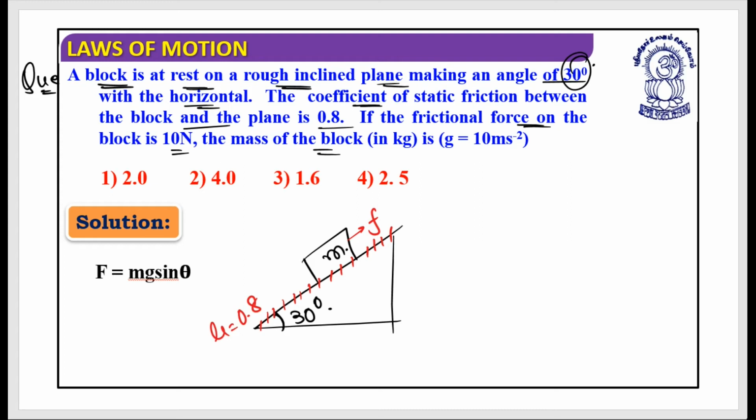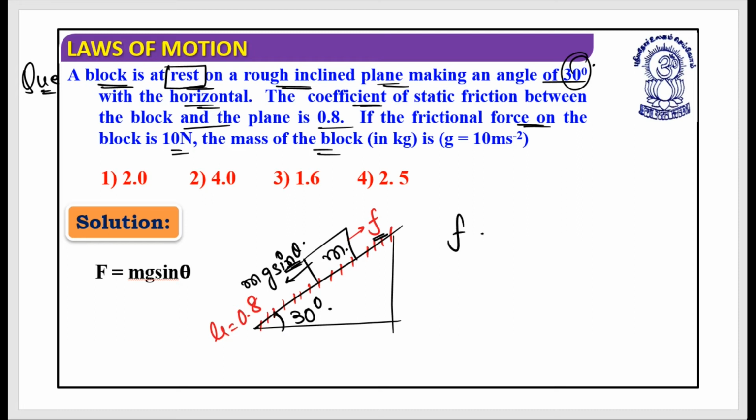One of the forces acting over here would be equal to mg sine theta. It says that the block is at rest. When I say the block is at rest, that means this friction must balance this mg sine theta.